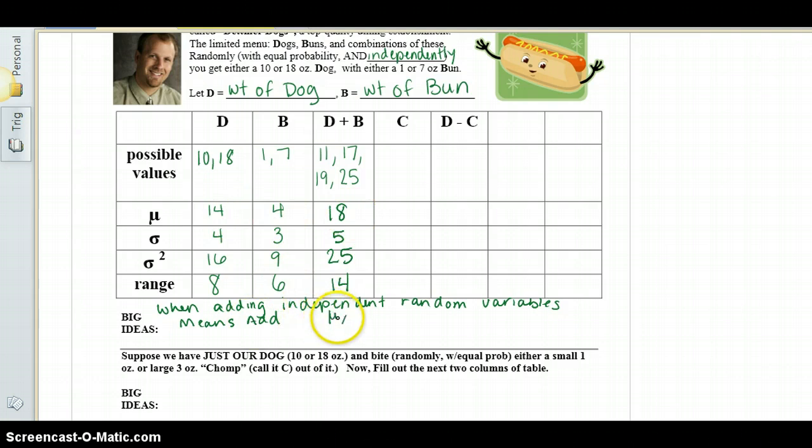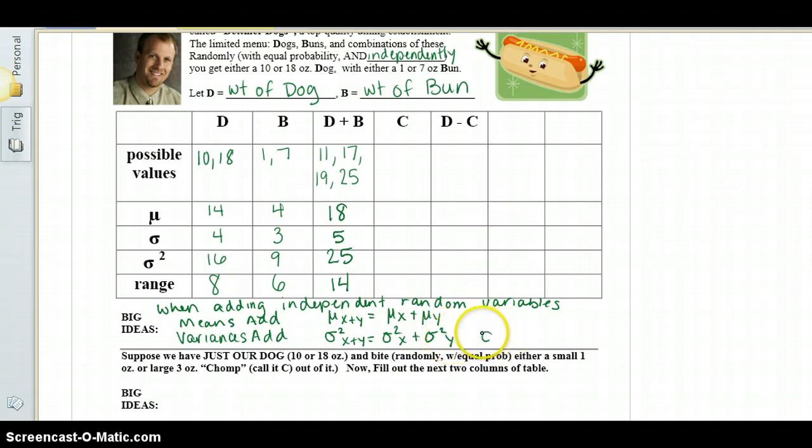If you need to find the mean of x plus y, you can just take the mean of the x variable and add it to the mean of the y variable. The standard deviations, however, do not add. 4 plus 3 is 7, which is not equal to 5. But if you look at the variances, 16 plus 9 does equal 25. So the variances add. The variance of x plus y is the variance of x plus the variance of y.